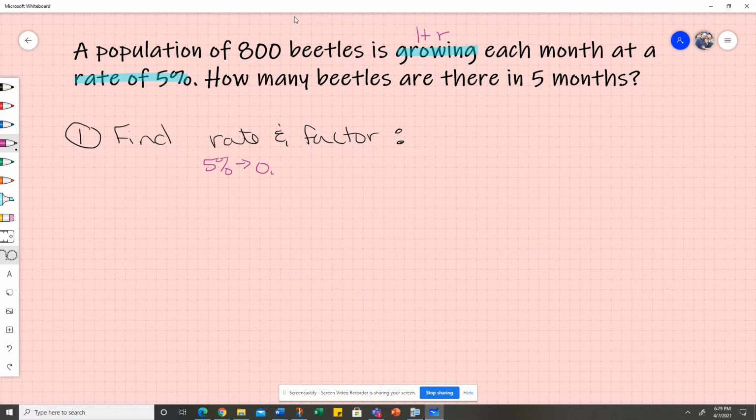That's going to be 0.05 because we moved the decimal 2 places. So our factor is going to be 1 plus 0.05, or 1.05.